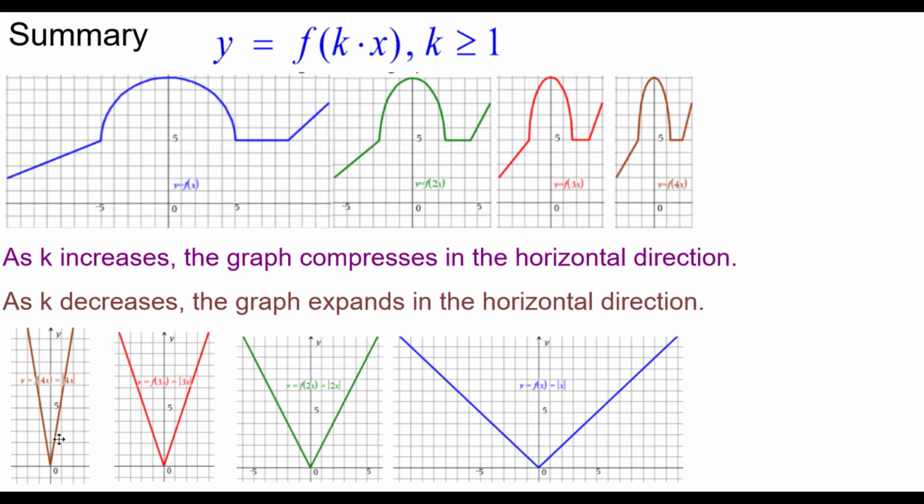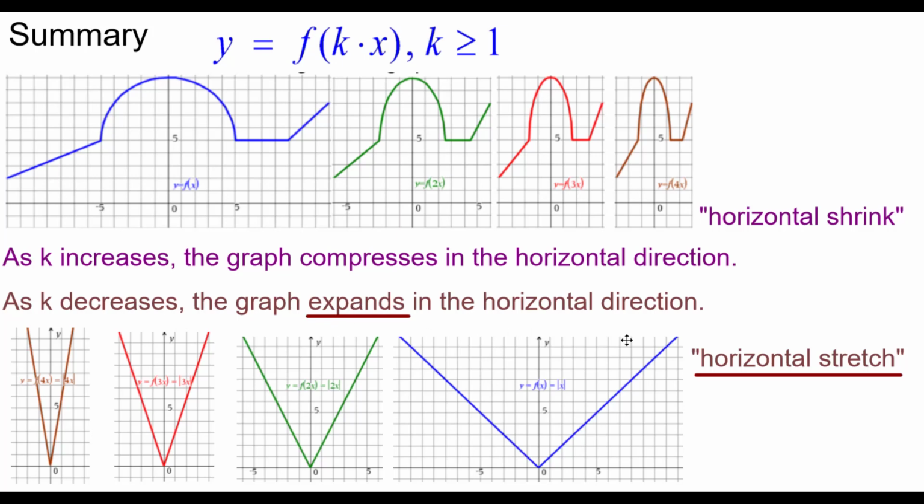And as k decreases, goes from 4 to 3 to 2 to 1, the graph expands in the horizontal direction. We also say this is a horizontal shrink when this happens. When it compresses, it's a horizontal shrink. And when it expands, we sometimes say this is a horizontal stretch. So please press pause to let this all sink in. Resume when you're ready.